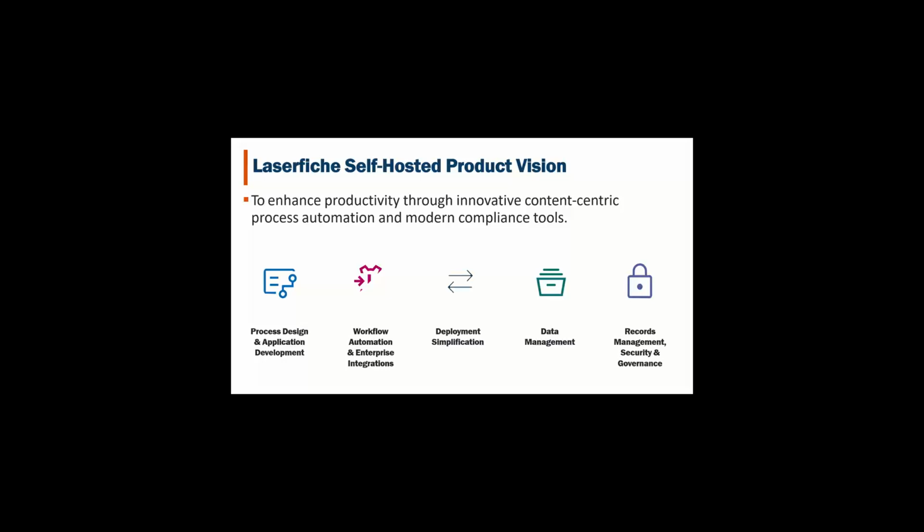A major focus is on content-centric process automation and supporting modern compliance needs. So whether that's authentication or advanced records management, there are several categories where Laserfiche is focusing on, a lot of which reflect what we just discussed in cloud, but some of them are unique to self-hosted, such as deployment simplification. We'll go through each of these themes, and I'm going to give you a few examples as well.